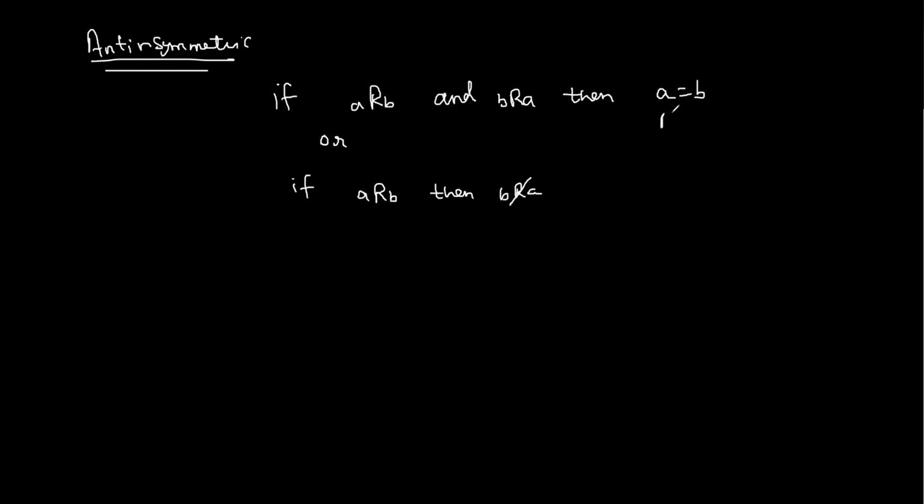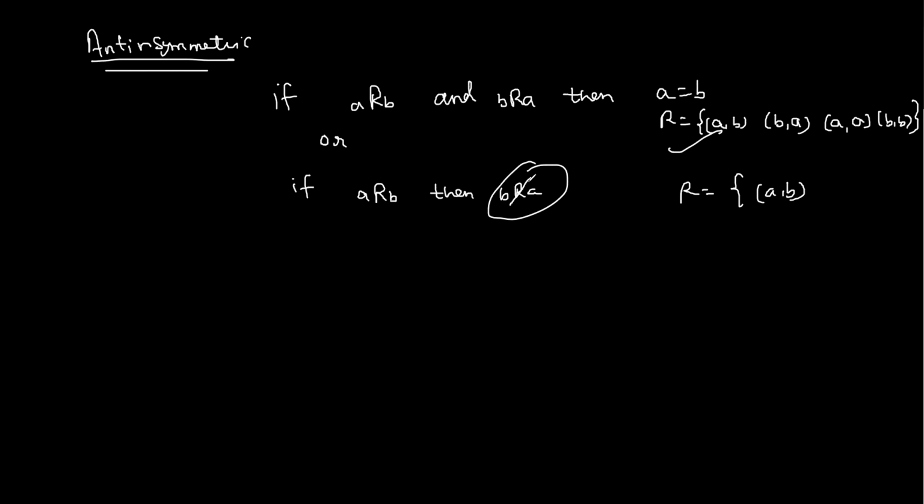Either you have A comma B and B comma A, then A is equal to B. Or if only A comma B is there and B comma A is not there, then this is antisymmetric. Understood?